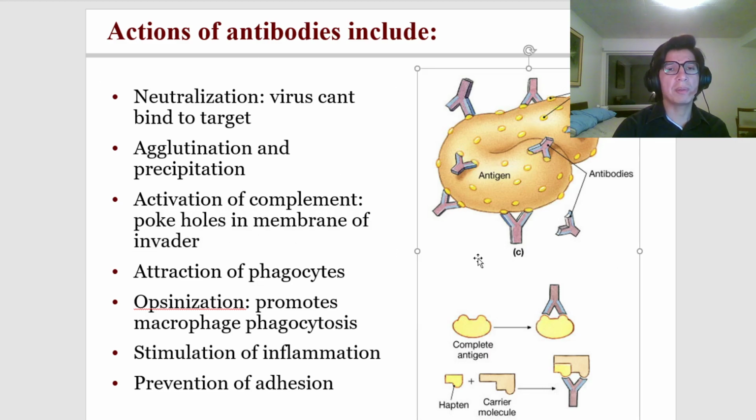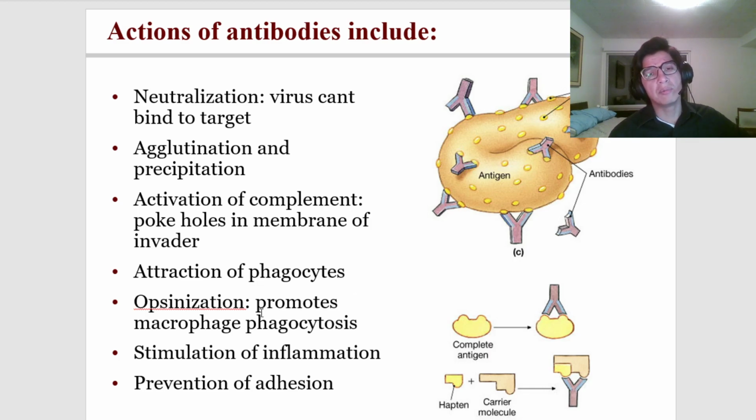They can activate the complement. We talk about the classical pathway of the complement activation that allows the complement to poke holes within the surface of cells. It attracts phagocytes. It leads to opsonization, which promotes phagocytosis.